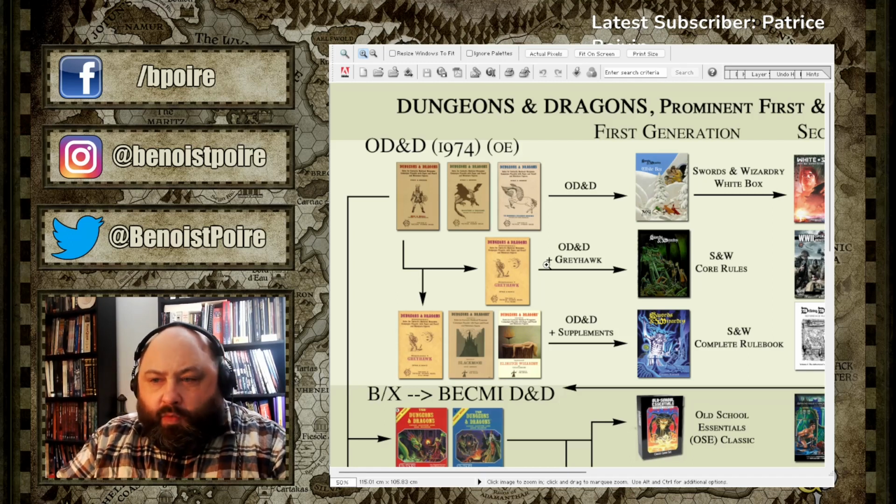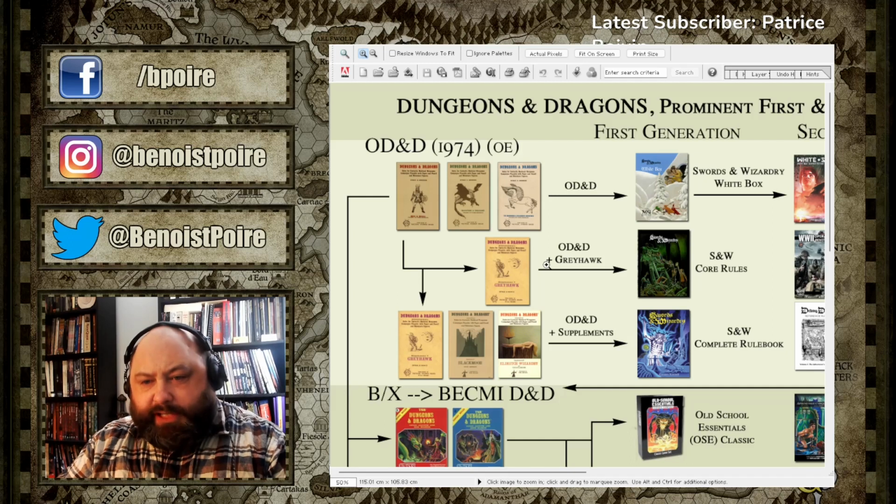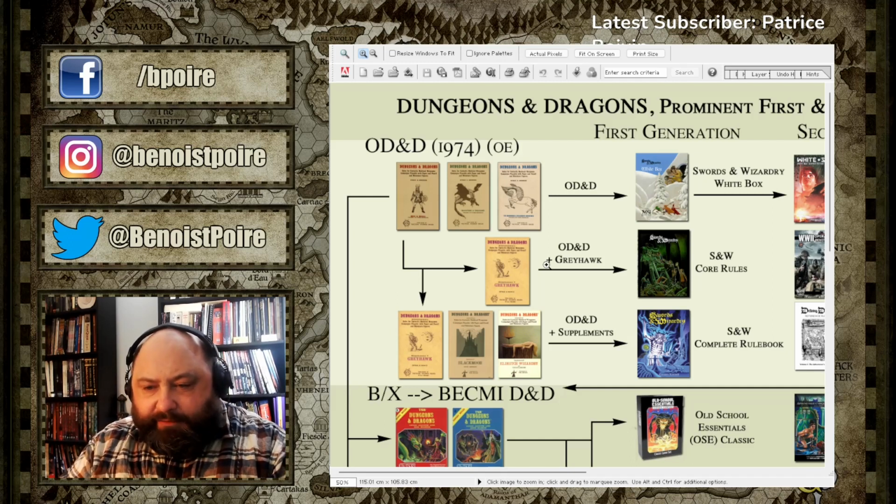And then we have probably the most known version now, since it was the one that was picked up and built with Necromancer Games. That's the Swords and Wizardry Complete Rules. And that's pretty much proto-advanced Dungeons and Dragons.